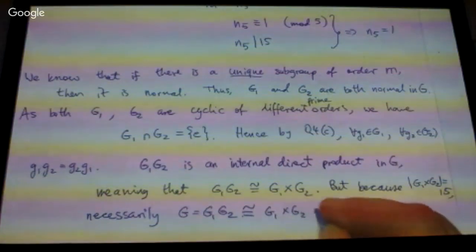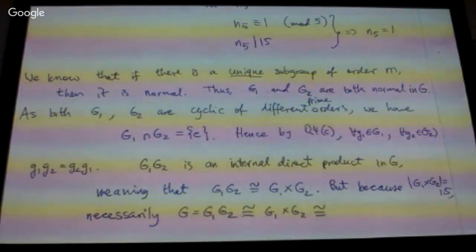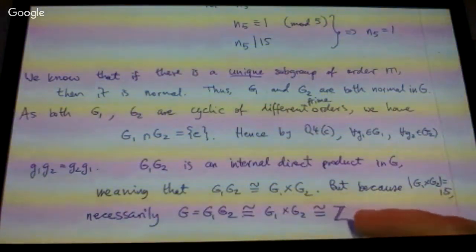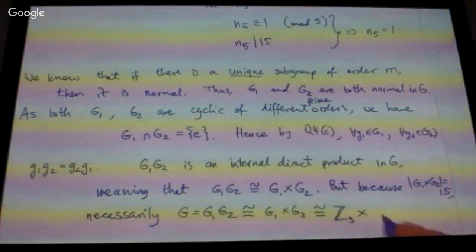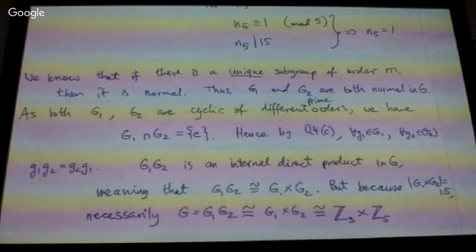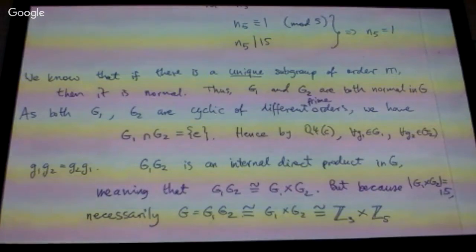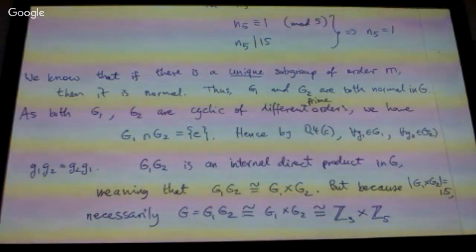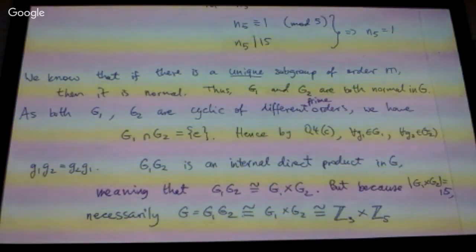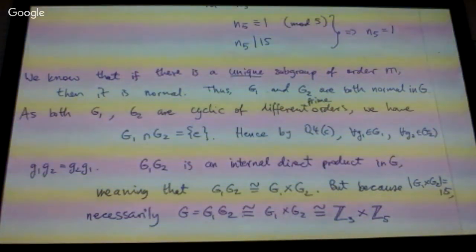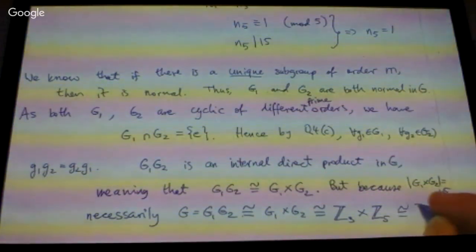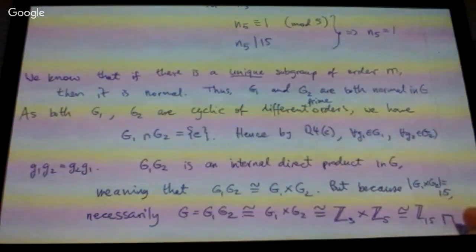Now we've already said that G1 is of order 3, so it has to be isomorphic to Z3, and G2 is of order 5, which has to be isomorphic to Z5. And the direct product of two cyclic groups of coprime order is cyclic. This is isomorphic to Z15.